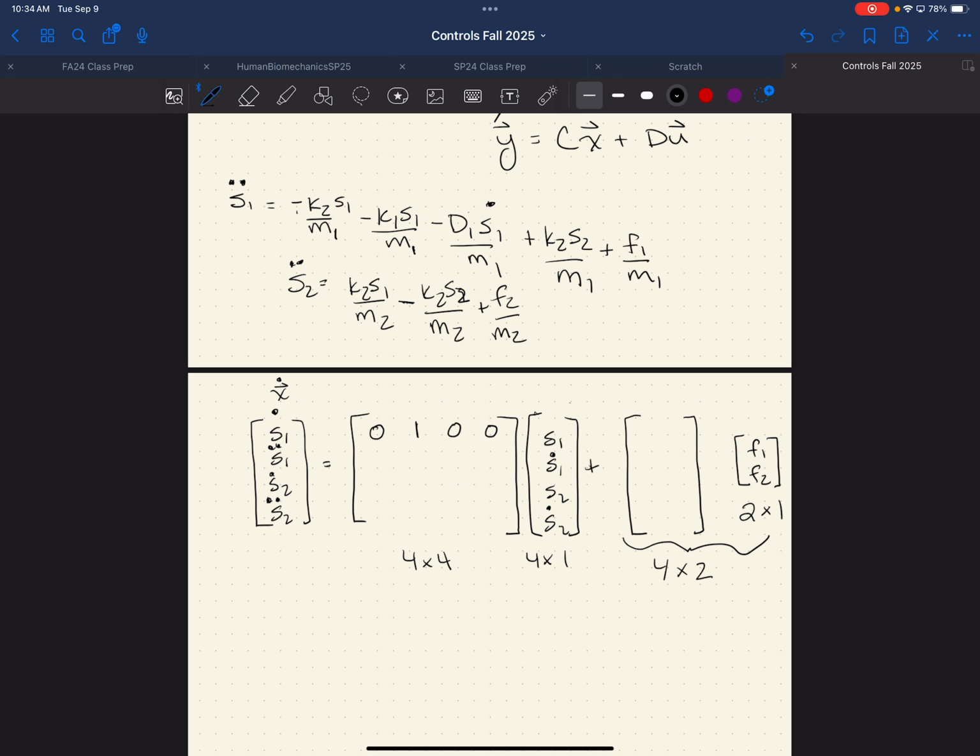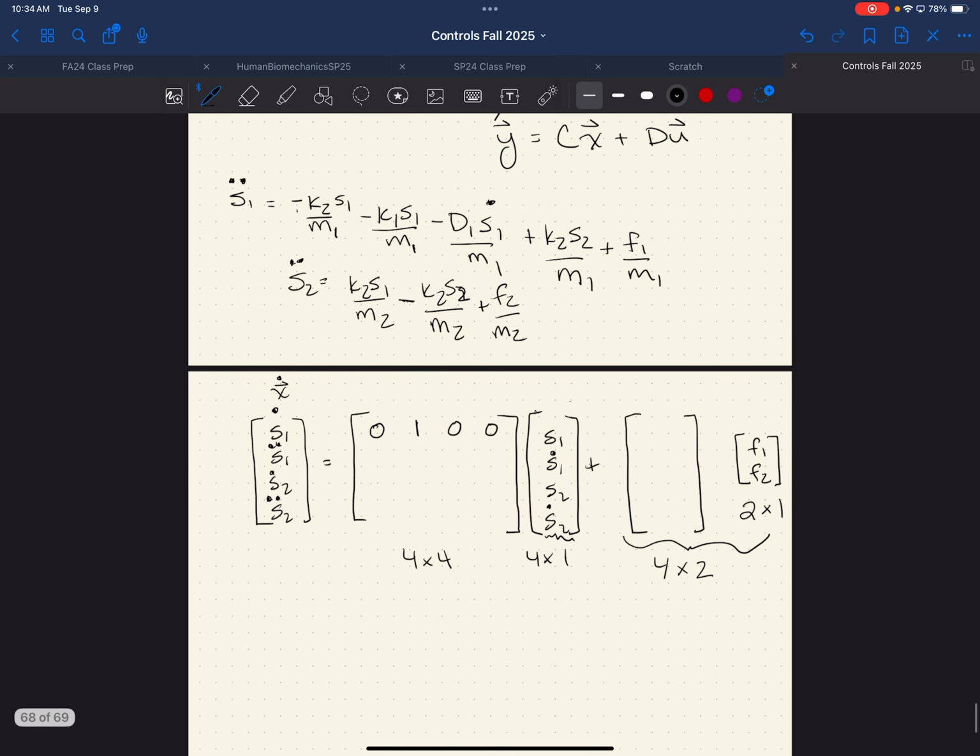I could go ahead and do S2 dot the same way because S2 dot is also a state. So this could be 0, 0, 0, 1. All right. So that pattern still shows up.